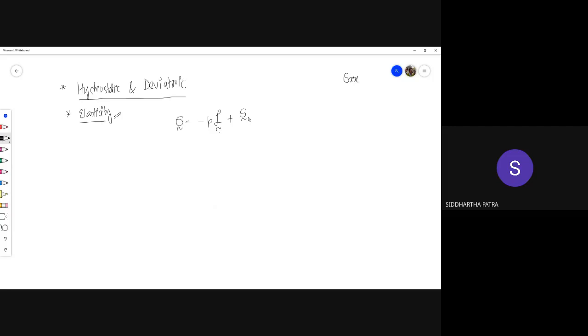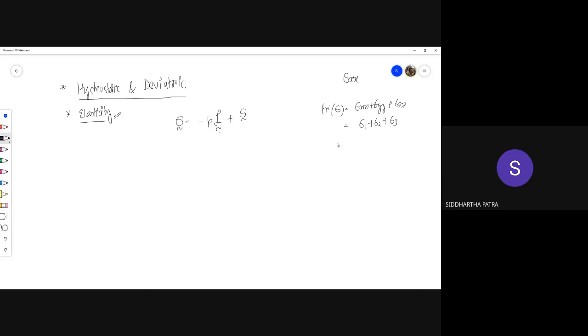So what is this hydrostatic part? We realize that the trace of the stress tensor is sigma xx plus sigma yy plus sigma zz, which is also sigma 1 plus sigma 2 plus sigma 3.